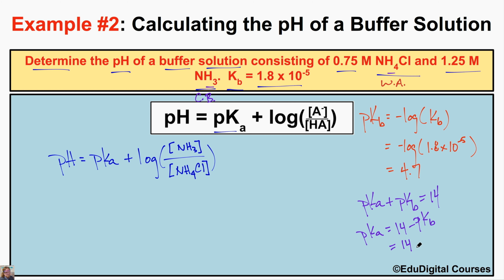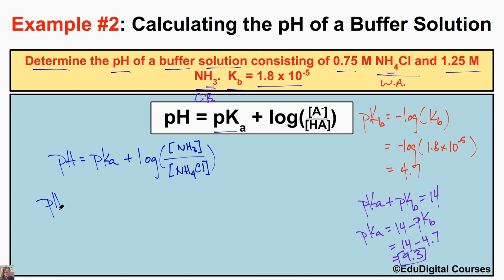So we'll take 14 minus 4.7, and we get 9.3. So our pKa value is 9.3. And so we had to do all of this work just to plug it in right here.